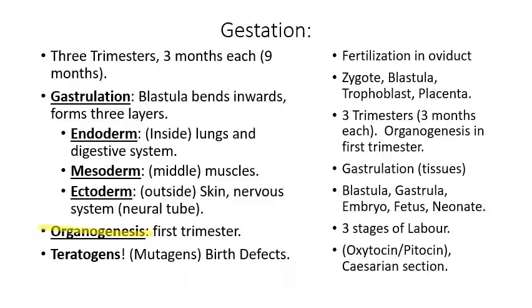And during organogenesis, the developing child is particularly susceptible to damage and mutations and birth defects. So anything that a developing embryo can be exposed to that results in a malformation or deformity is referred to as a teratogen. A teratogen is something that causes mutations or birth defects.